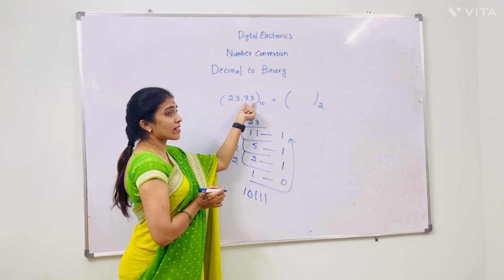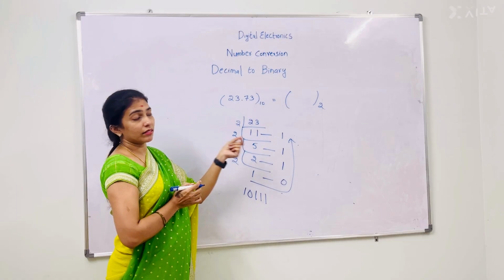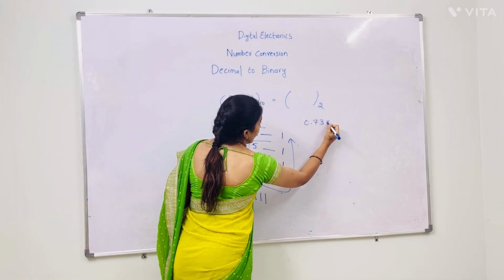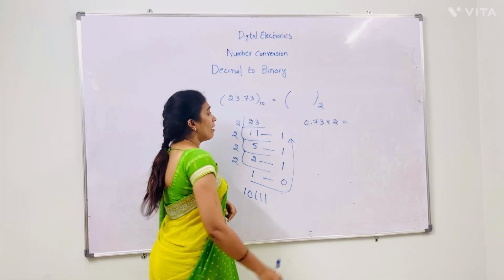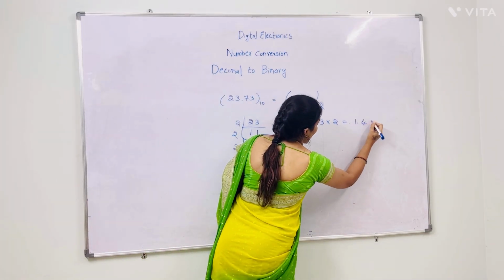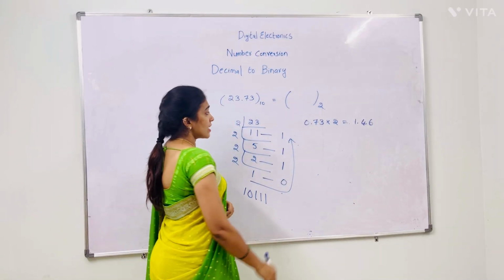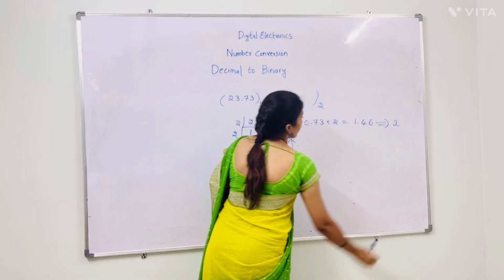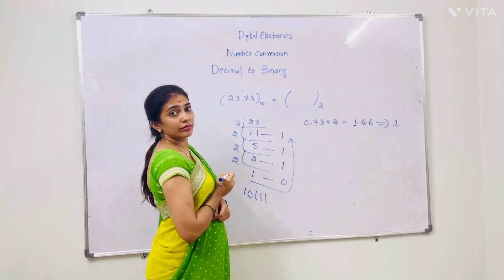But what about the fractional part? The fractional part is multiplied by r. 0.73 into 2, we got 1.46. From 1.46, before the decimal point the answer is 1.